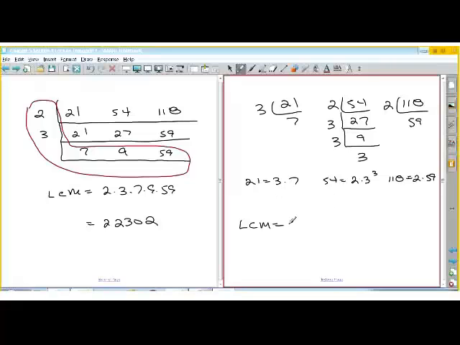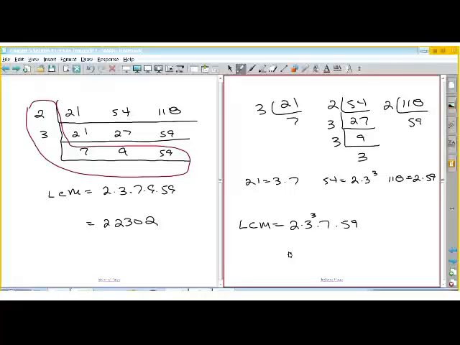So I list all the numbers that are part of any of the factorizations. So I have 2 from here, I have 3 from there, I have 7 from there, and I have 59. And then I go through and find the highest exponents. Well, this is the only one that has an exponent besides 1, so I cube that.